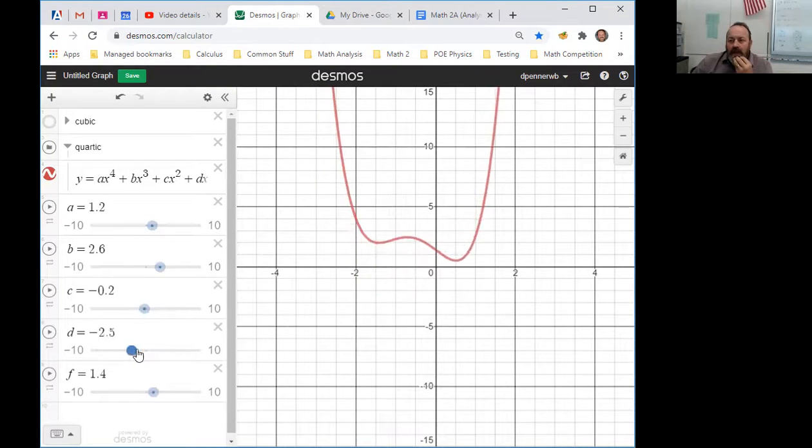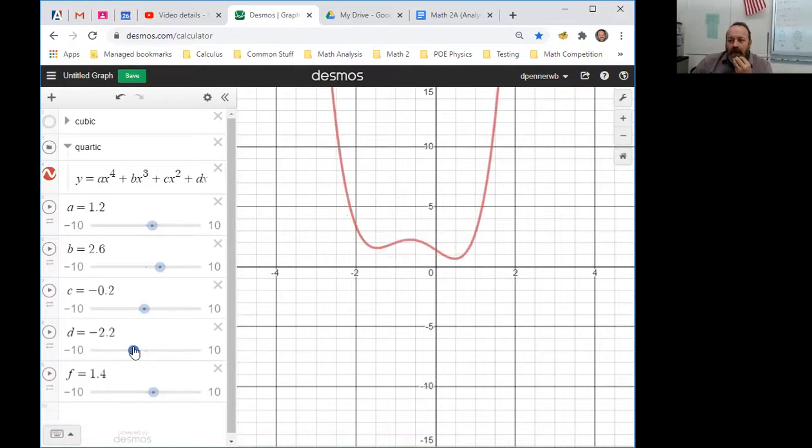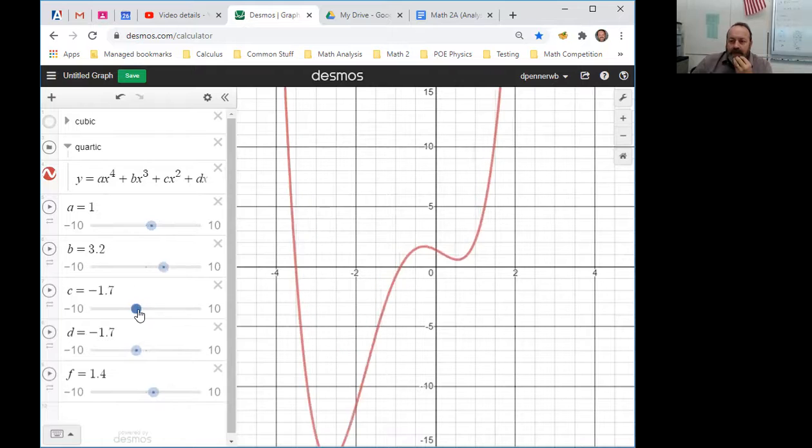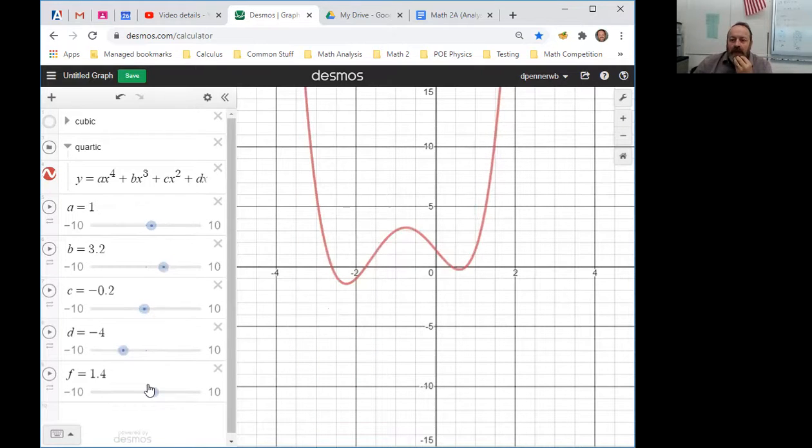And notice that you can get some that just look like a parabola with a dent, or maybe you're in here and it could create even a W shape, where, let's see if I can make this a little bit more pronounced. So notice the W shape that I created.